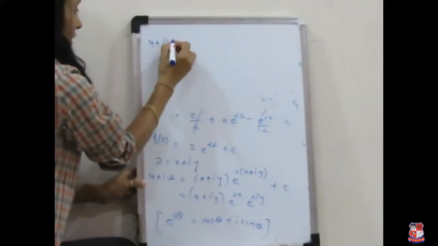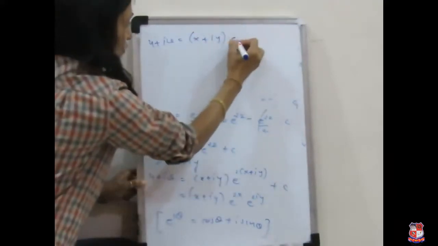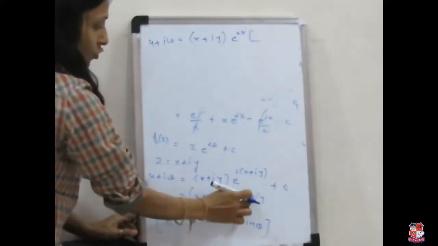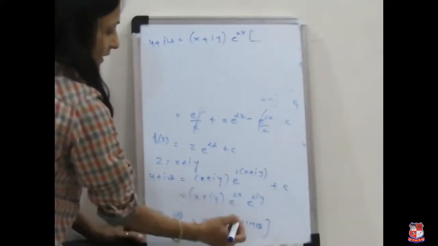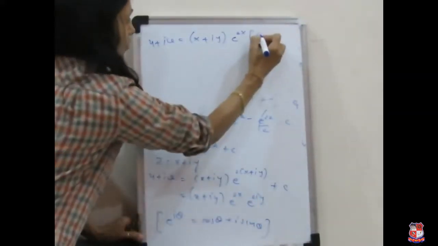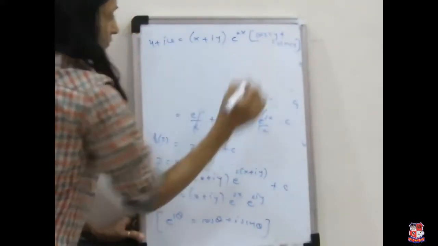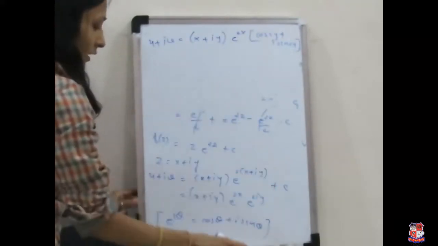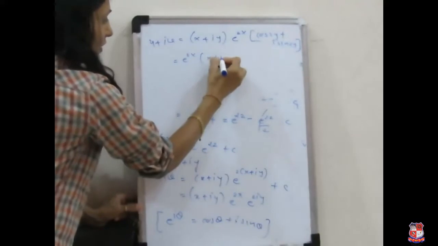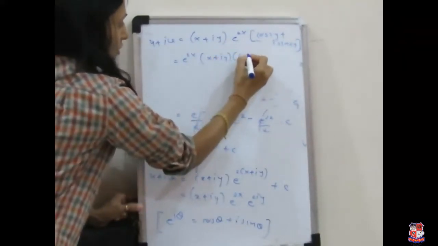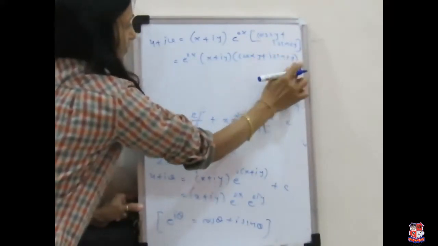Then u plus iv is equal to x plus iy, e raised to 2x and e raised to 2iy, that is, we use Euler's formula cos theta plus i sin theta, that is cos 2y plus i sin 2y. Okay. Now e raised to 2x, x plus iy, cos 2y plus i sin 2y.